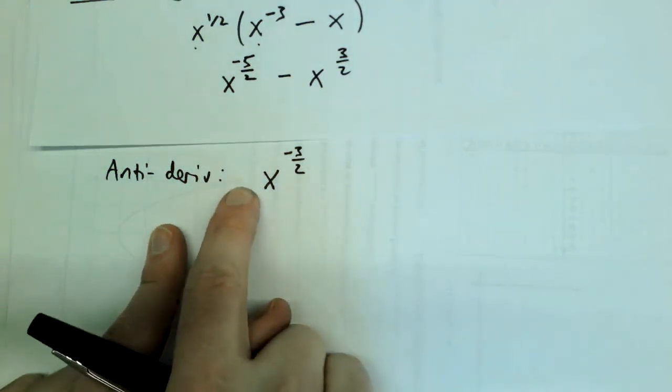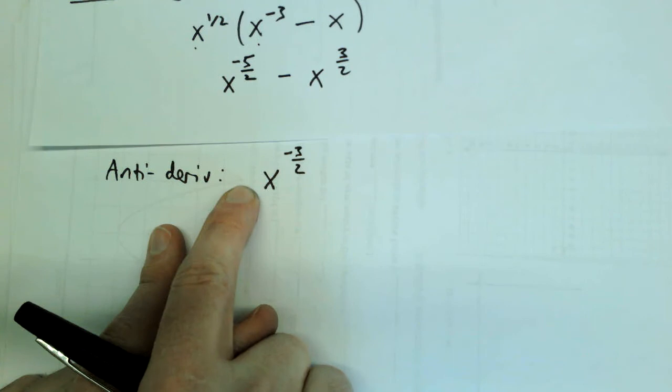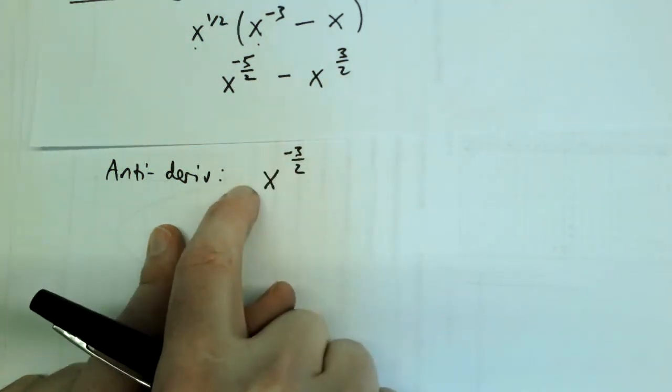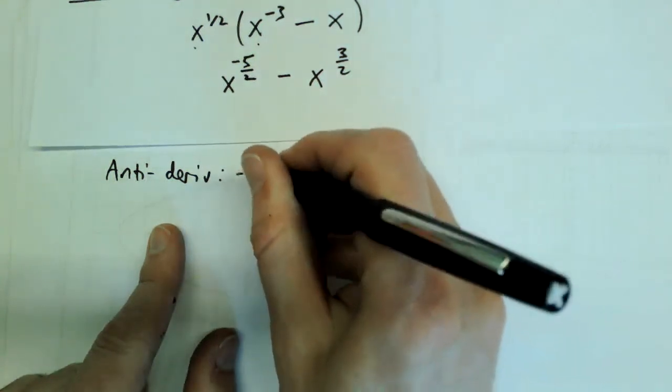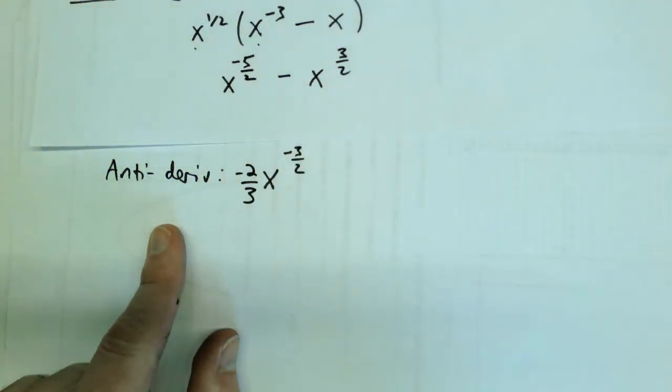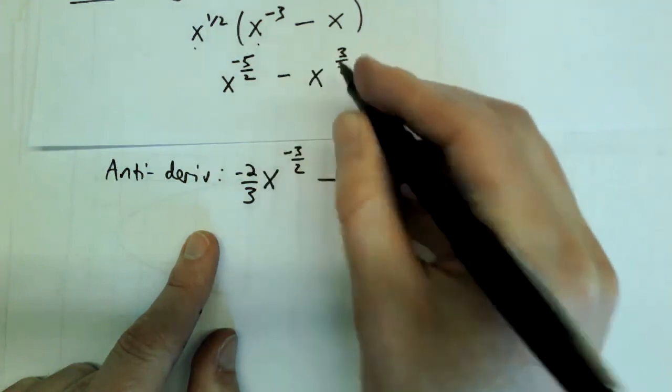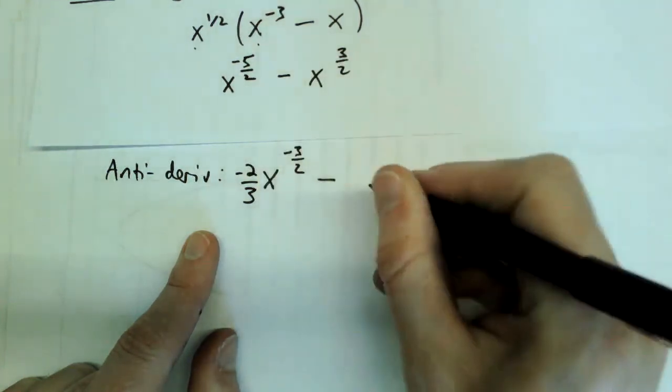But then, of course, you need to put some number in front of this guy because if you take the derivative right now, you'll get a -3/2 in front that you don't want. So you need to put a -2/3 in front. Now, when the exponent comes down, it'll cancel. Is that okay? And then likewise with this guy, minus, what should the exponent be?